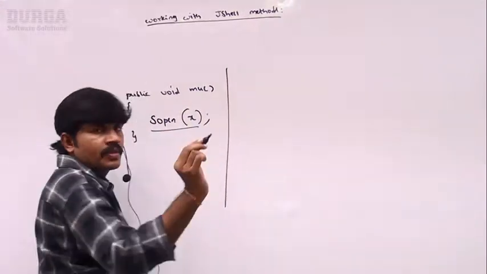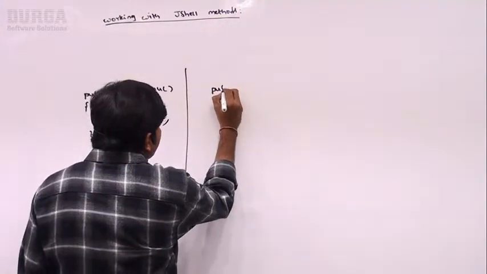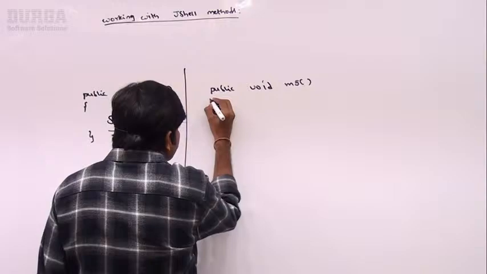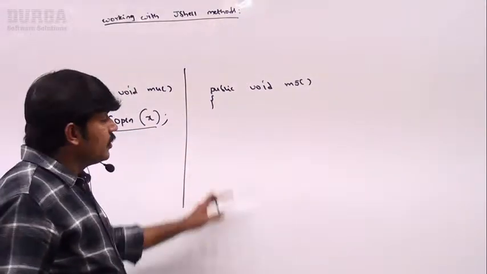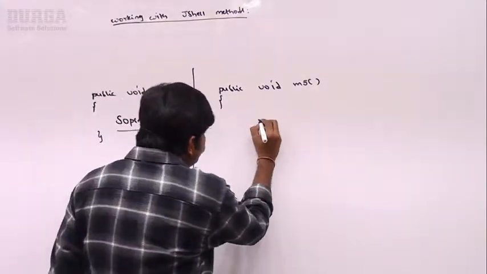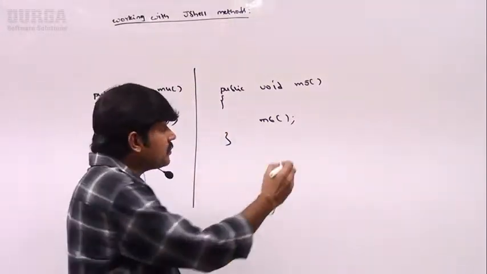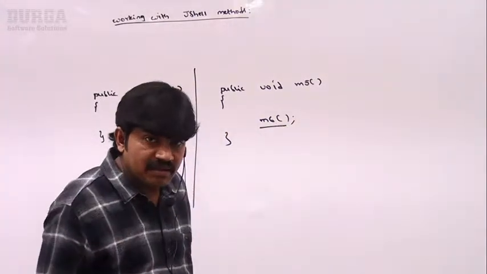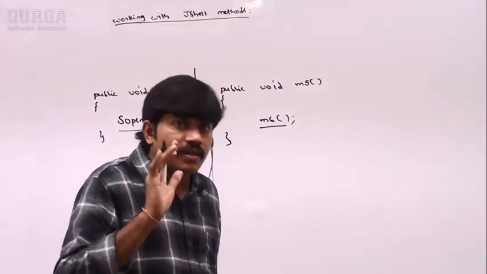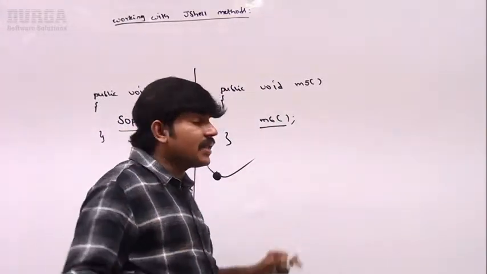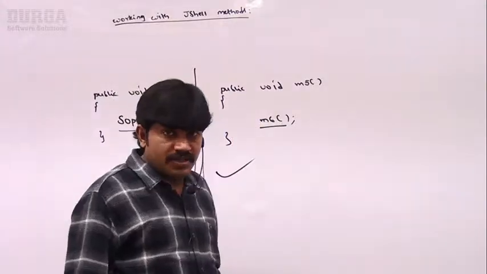See this one. I have one method, public void m5. Now I'm using m6, but the m6 method is not yet declared. Still acceptable, no problem at all. You can use an undeclared method inside a JShell method.